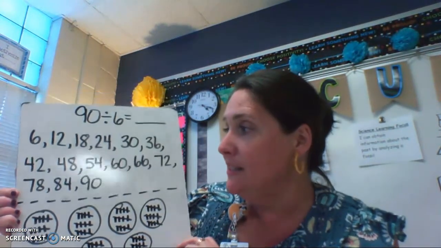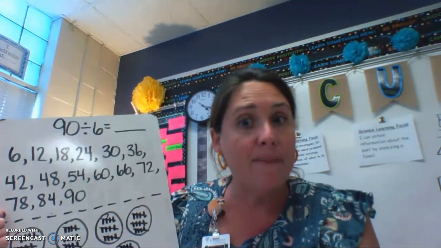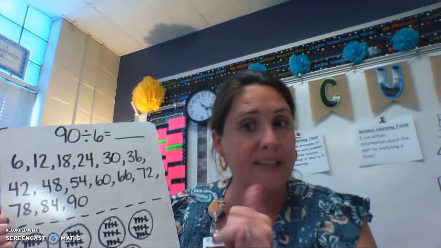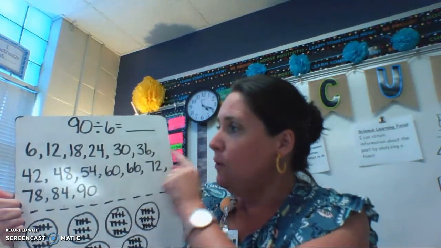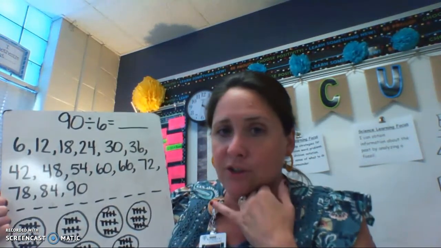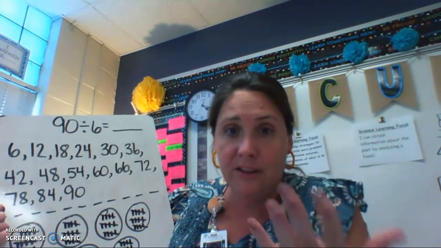So maybe you said, okay, 90 divided by 6, I know that I need to skip count by 6s until I get to 90. Maybe you did that. So you had 6, 12, 18, and so forth until you got to 90. Now that's not all that you have to do, because that's wonderful that you can skip count by 6s until you get to 90.